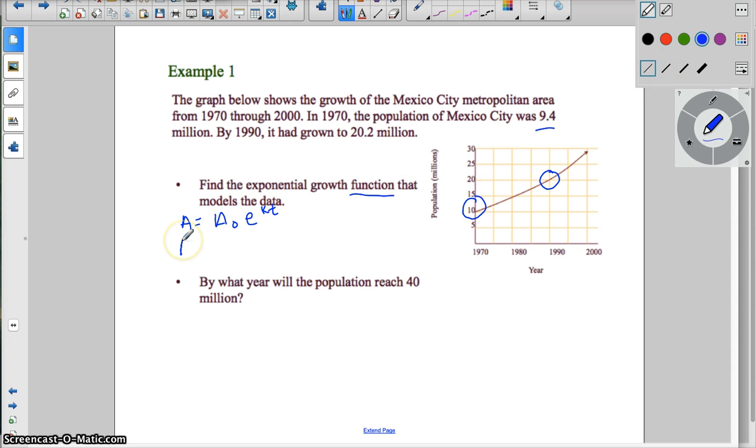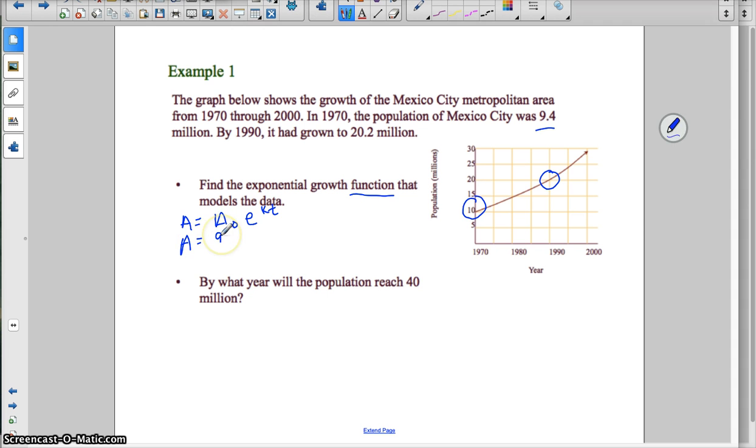So in the place of A sub 0, we will replace that with 9.4 million times e. We do not know our constant, the growth rate, yet, but I do know that we have been calculating this for 20 years. So right now I can replace t with 20.